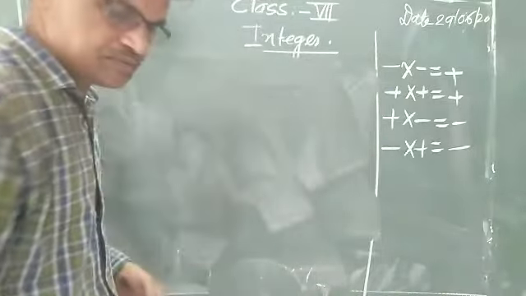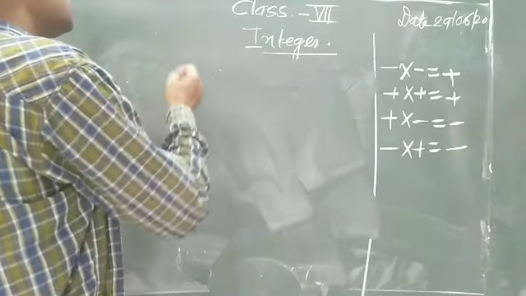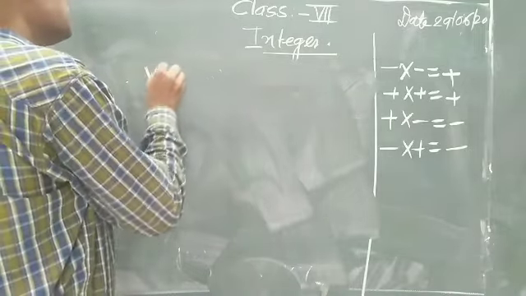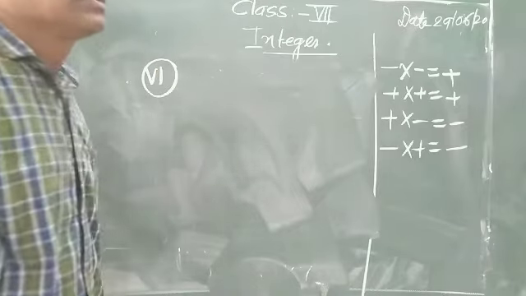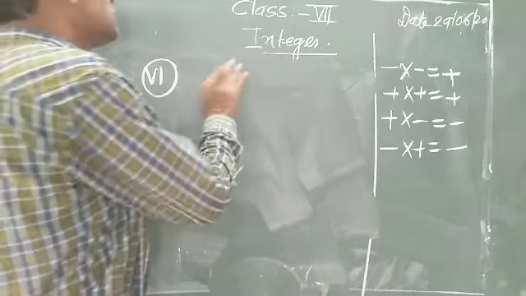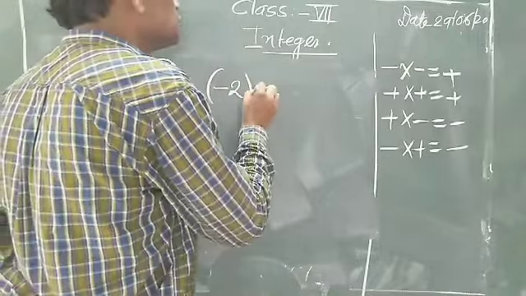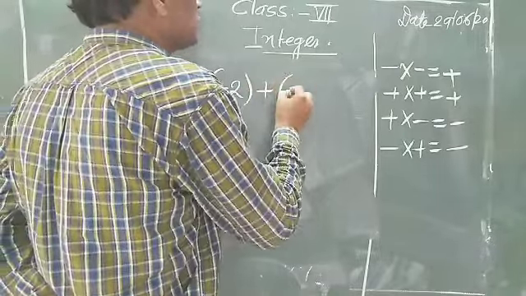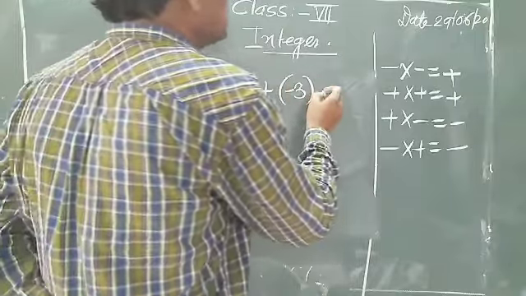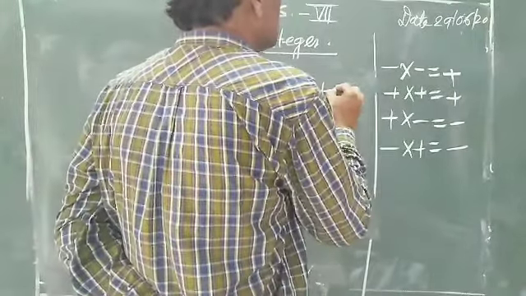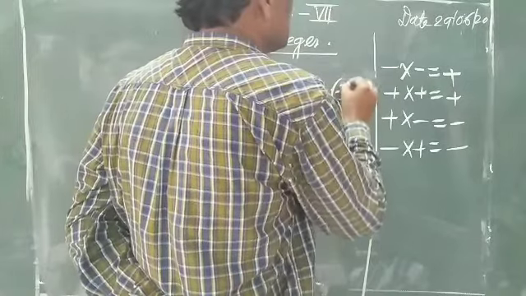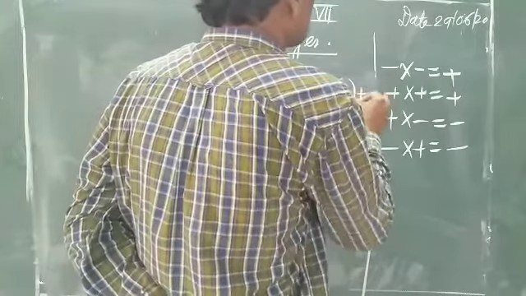We'll see one more example here. Sixth: negative 2 plus negative 3 plus negative 3 plus 2.